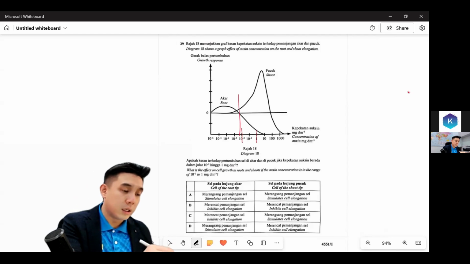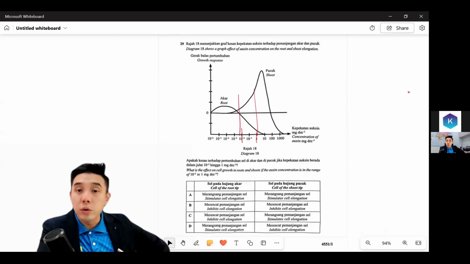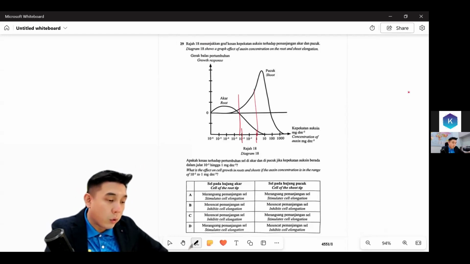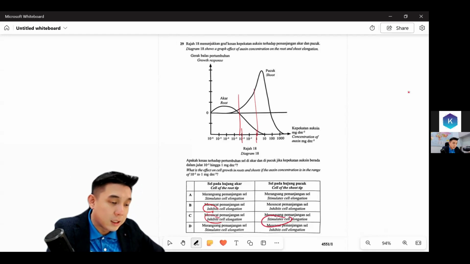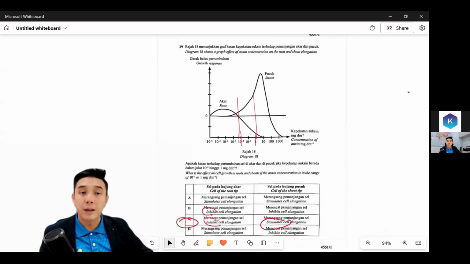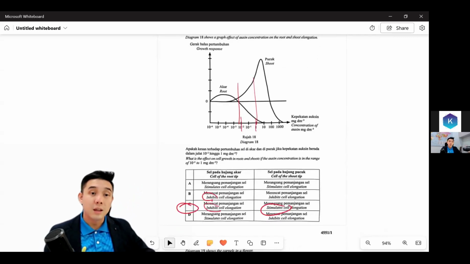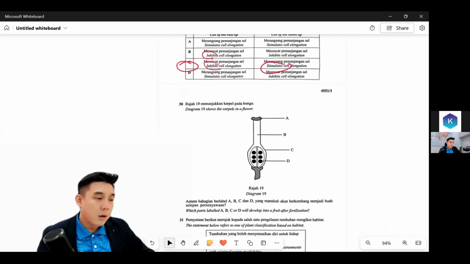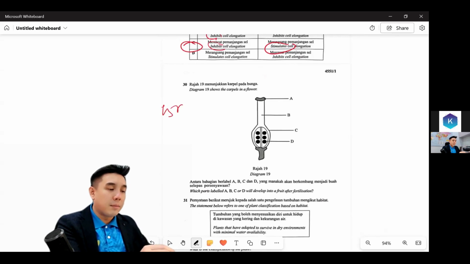This region, the shoot is still growing, but the roots are inhibited. Inhibits elongation, this one stimulates. Number 29 answer is C. Okay, guys, 30 from Form 5 Chapter 6.